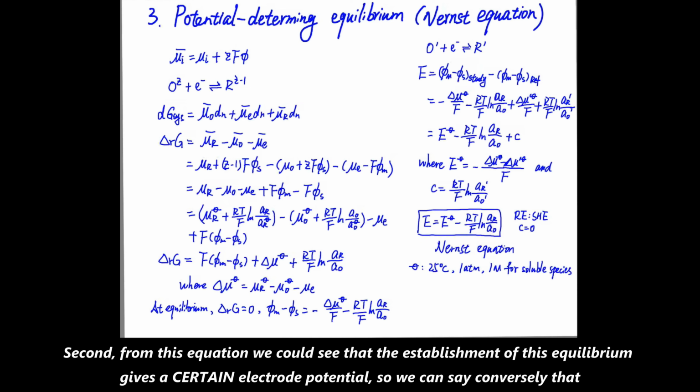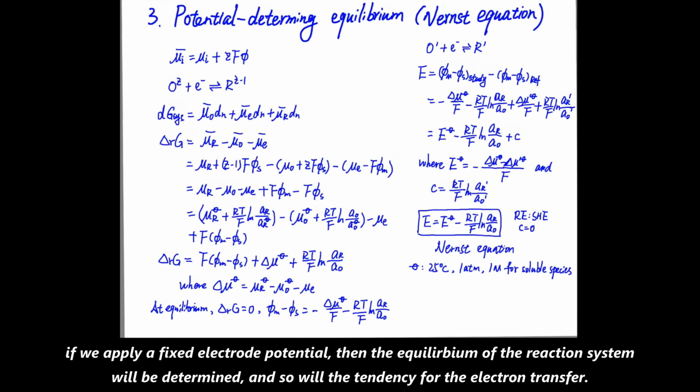Second, from this equation we could see that the establishment of this equilibrium gives a certain electrode potential. So we can say conversely that if we apply a fixed electrode potential, then the equilibrium of the reaction system will be determined, and so will the tendency for the electron transfer.